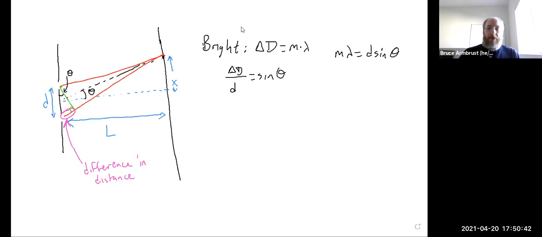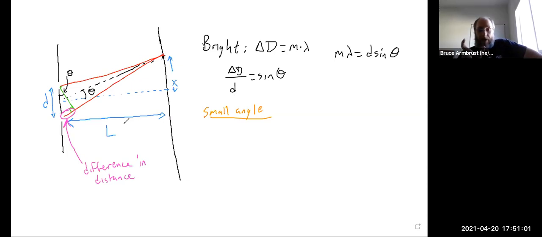All right, well, we're going to make use of our small angle approximation. Because again, if that L is really far away, then those angles are tiny. Think about when you were doing this in lab, the distances to your bright spots were probably on the order of centimeters, right?